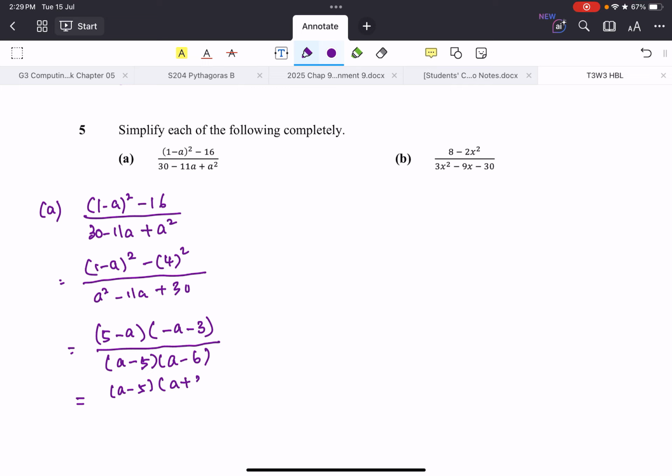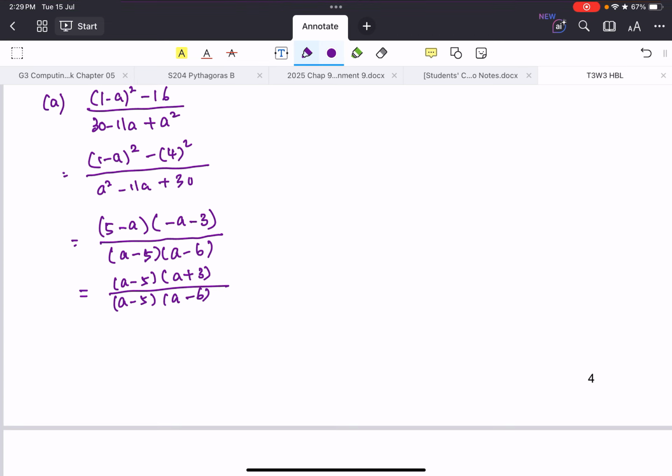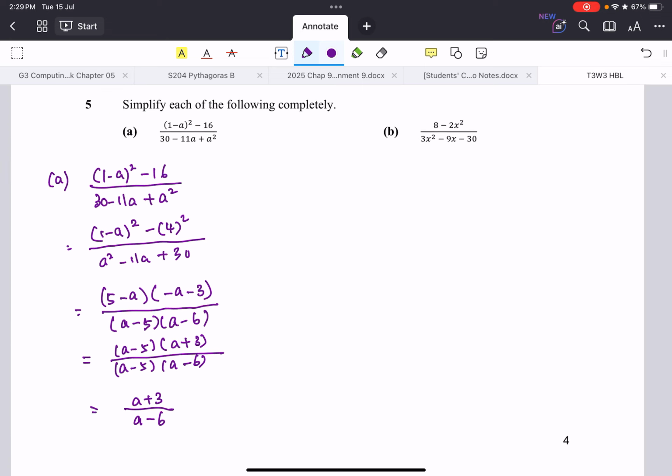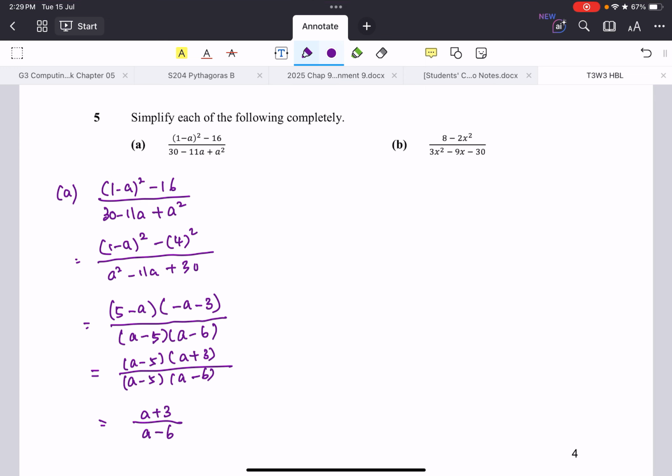Now here's a plus 3 over a minus 5, a minus 6. Final result, we have a plus 3 over a minus 6. Okay, that works. On the other side, again, we'll try to factorize this.